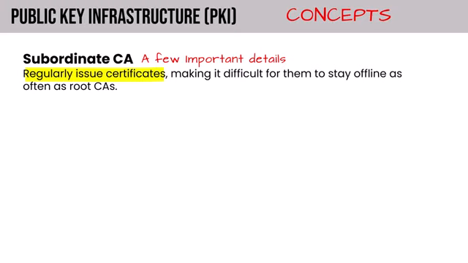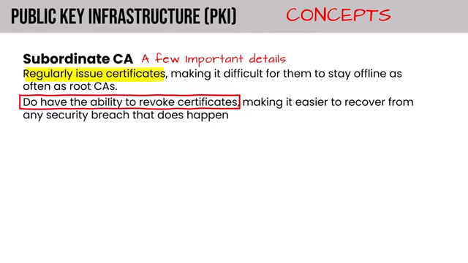So the subordinate CA regularly issues certificates, so typically we don't have them staying offline as often as you would a root. They do have the ability to revoke certificates, making it easy for us to recover if a breach does happen. So if we have a breach at an issuing CA, the subordinate can revoke that issuing CA certificate. We can issue a new one and deploy a new issuing CA.